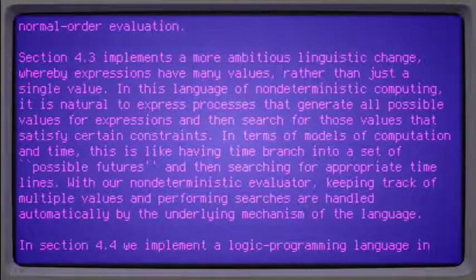Section 4.3 implements a more ambitious linguistic change, whereby expressions have many values, rather than just a single value. In this language of non-deterministic computing, it is natural to express processes that generate all possible values for expressions, and then search for those values that satisfy certain constraints.